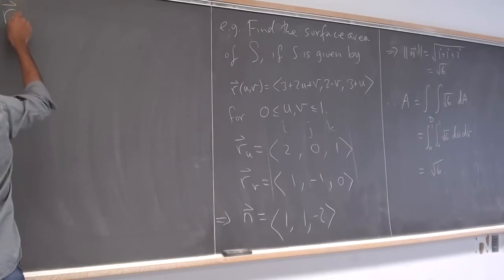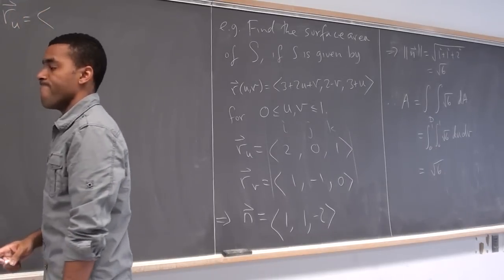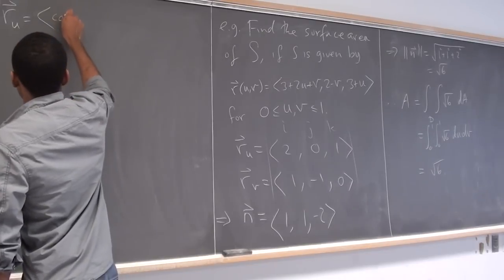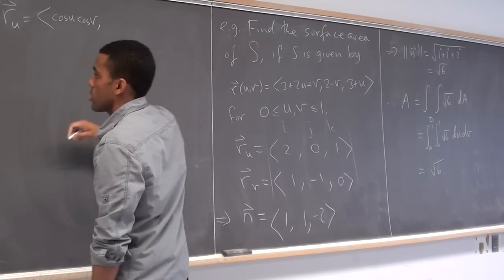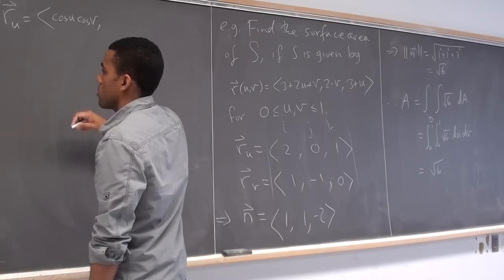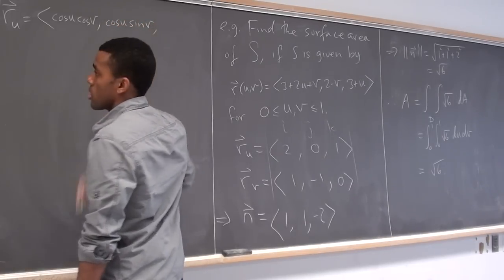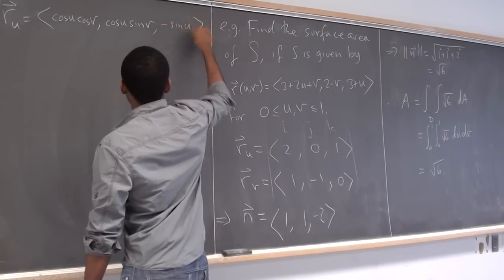So we have r sub u, that's going to give you what? Cosine u cosine v, comma, cosine u sine v, comma, negative sine u.